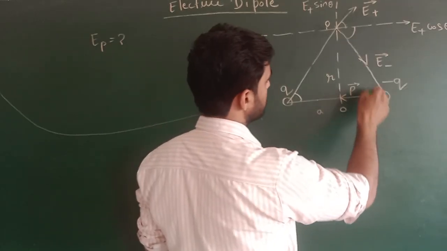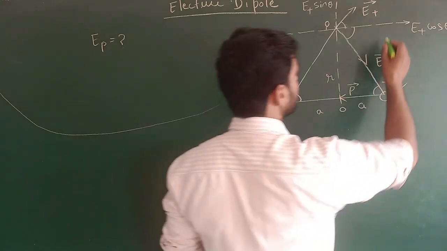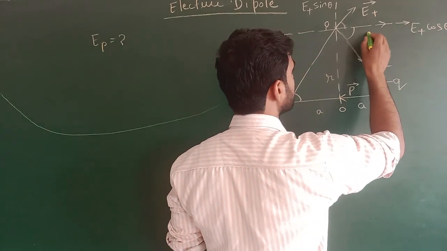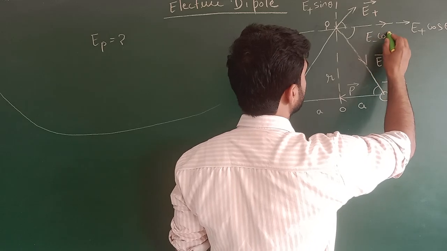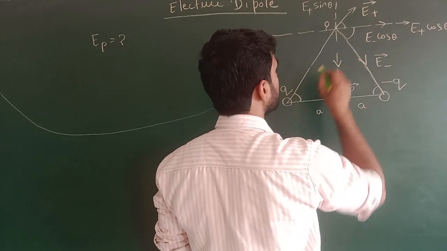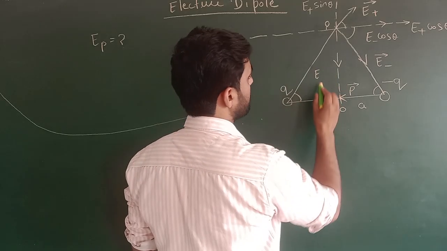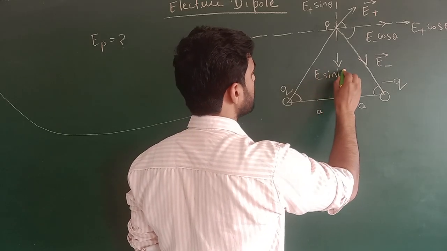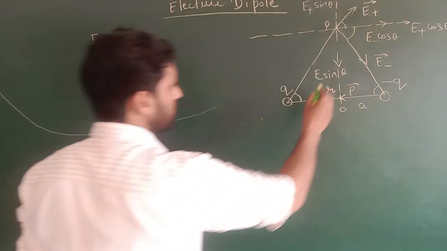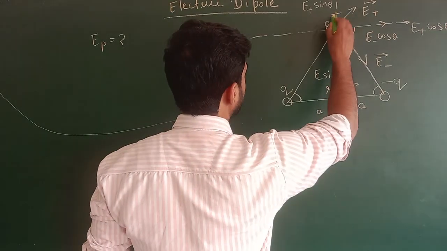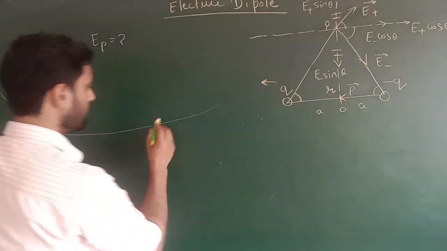So this one is 60. This one will also be 60 degree due to alternate angles. So this can be said as E minus cos theta, and this component will be E minus sin theta. This distance is r. As these two are the mirror elements, they will cancel out. Let me draw this figure again.